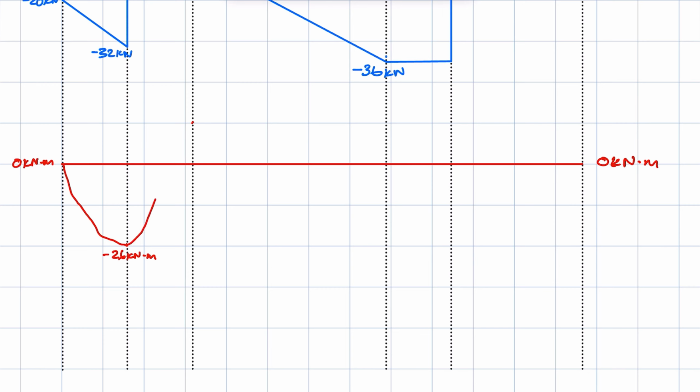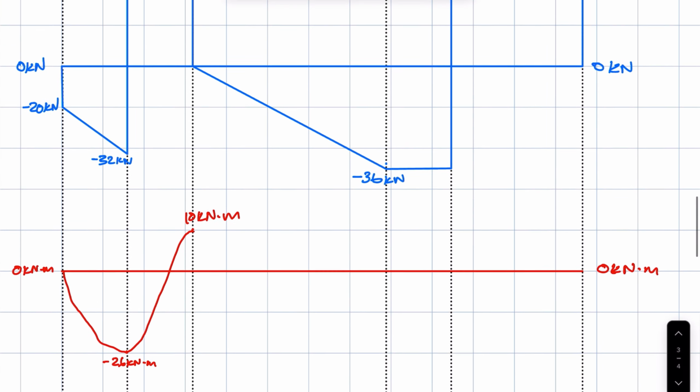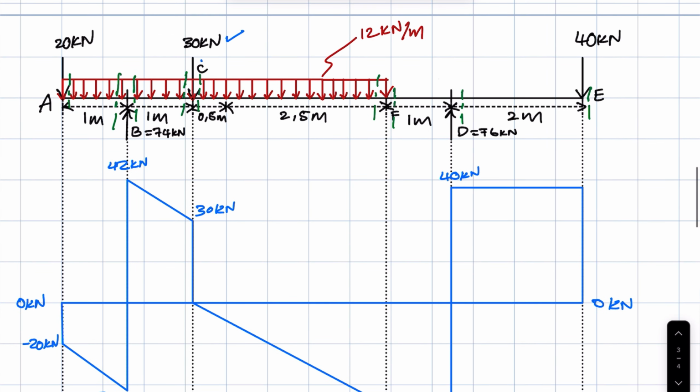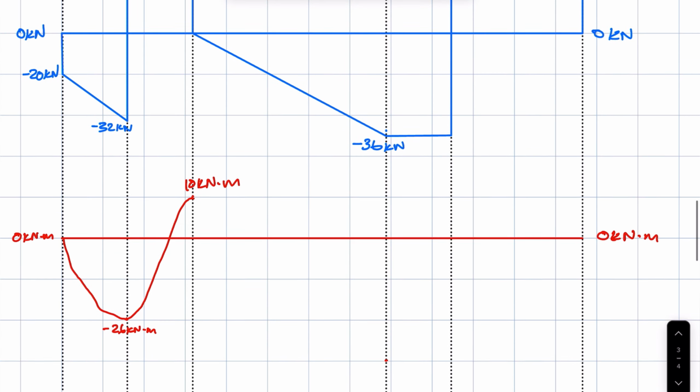Let's redraw this. It's going to look something like that. So here you have 10 kilonewton meters. And then you have the bending moment at F. The bending moment at F is equal to what? Negative 44. So let's say negative 44 is at that point. So remember, between C and F, you still have a UDL.